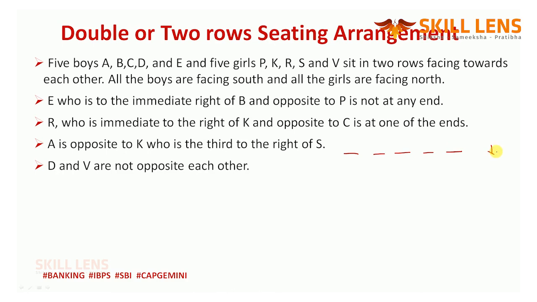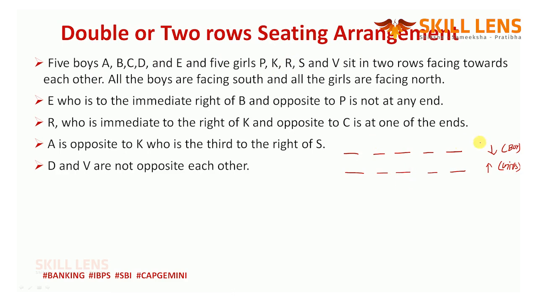When they are facing south, these are boys. 1, 2, 3, 4, 5. They are obviously facing north, so girls. Boys means who face downwards: A, B, C, D, E. Girls means P, K, R, S and V.